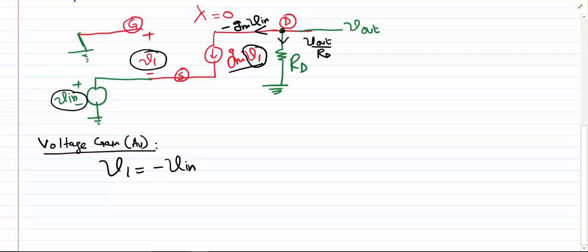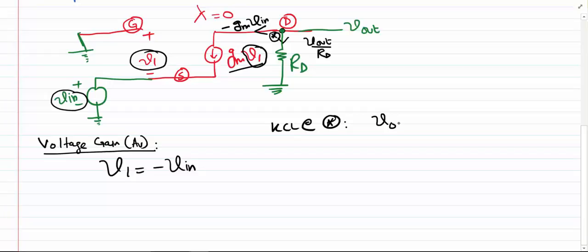So now let's apply a KCL at this node, let me label it. The current entering the node must be equal to the current leaving the node.